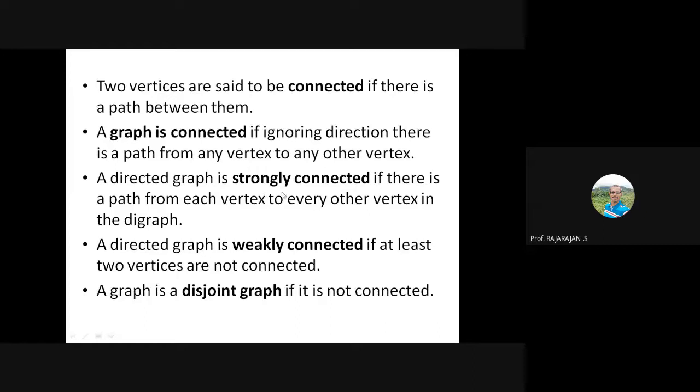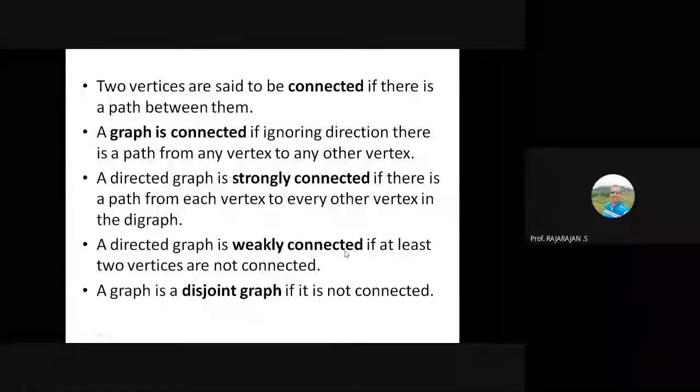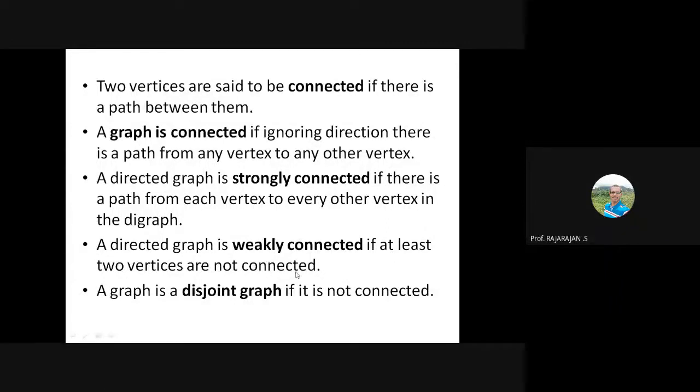A directed graph is strongly connected if there is a path from each vertex to every other vertex in the digraph. Whereas a directed graph is weakly connected if at least two vertices are not connected.